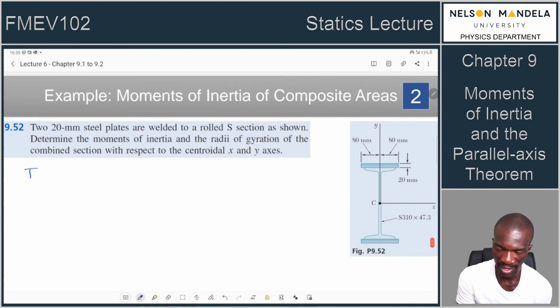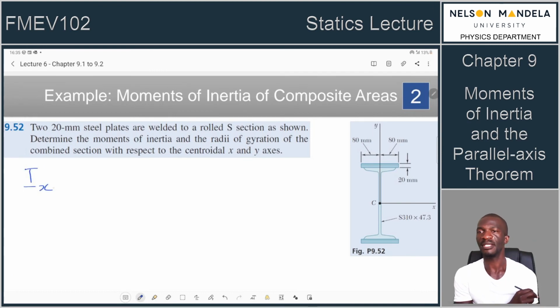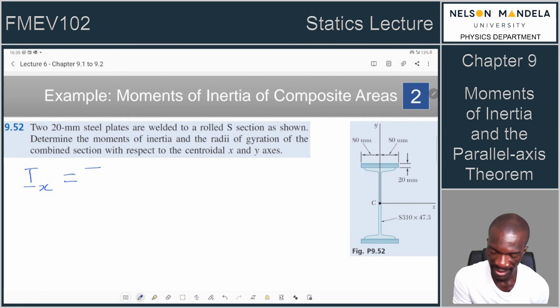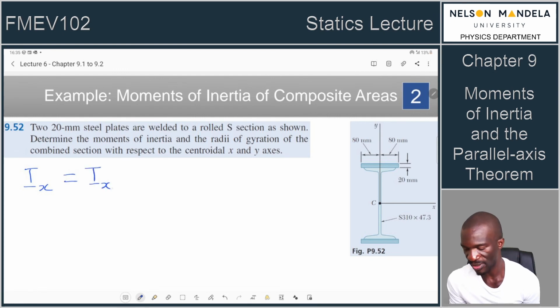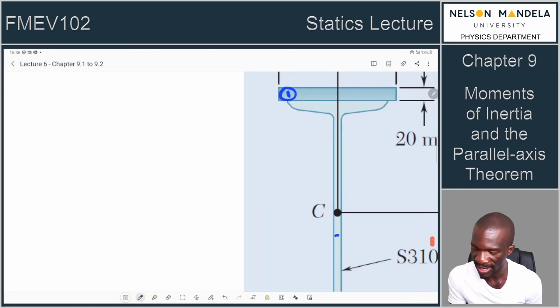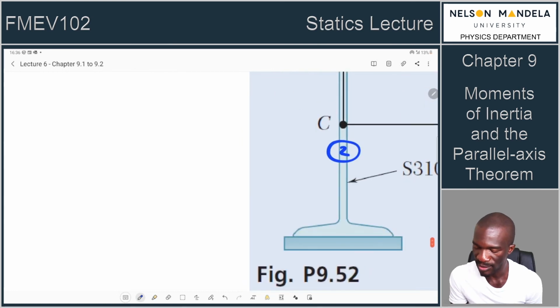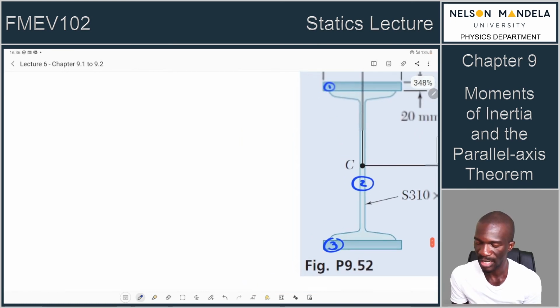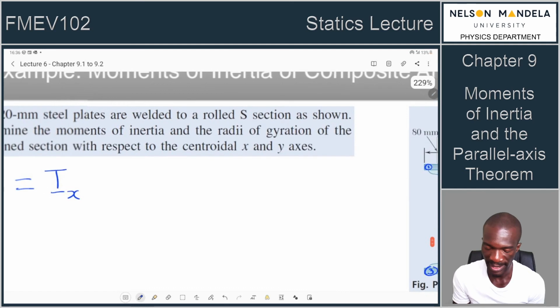You want to find the moment of inertia with respect to the x-axis. Obviously, you need the moment of inertia with respect to the x-axis of, let's call this one area 1. Let's call the S section area 2. Let's call the bottom plate area 3.